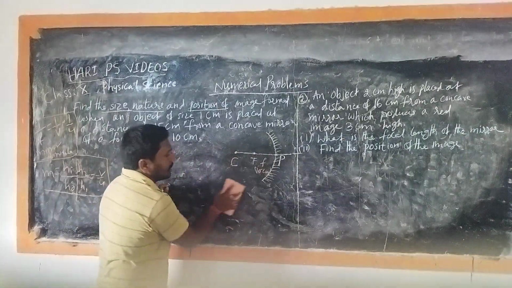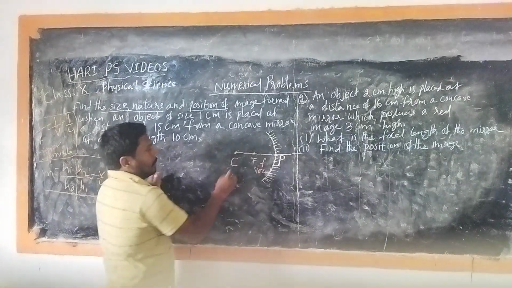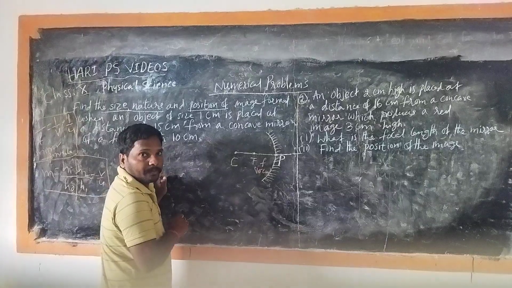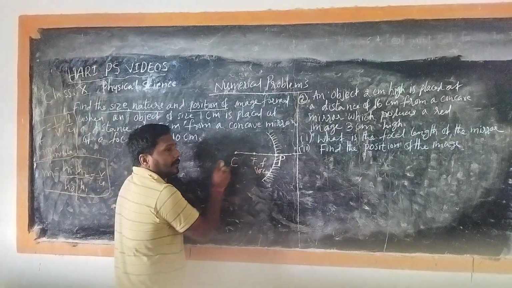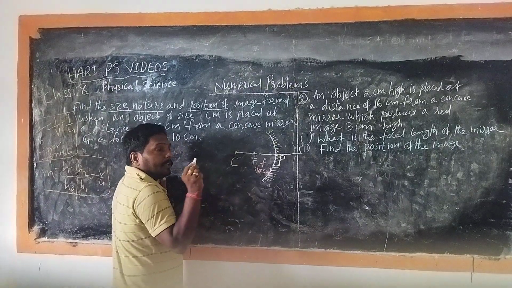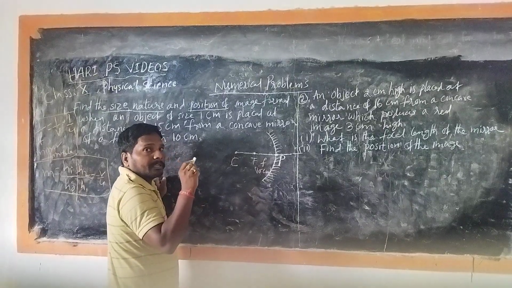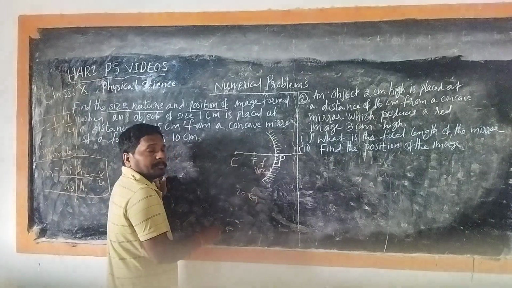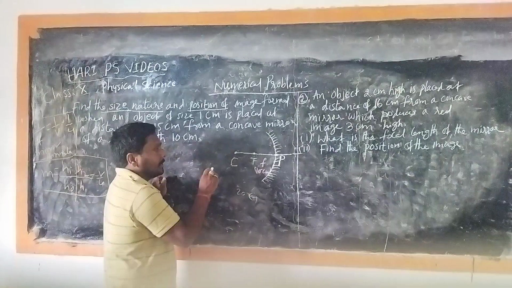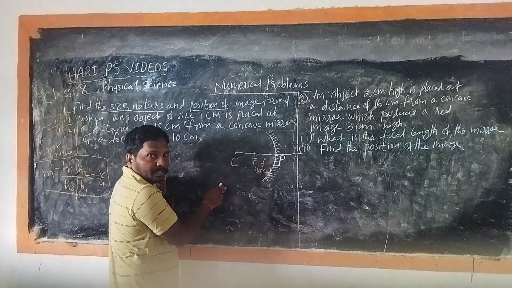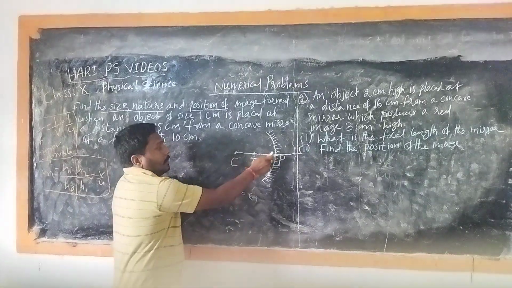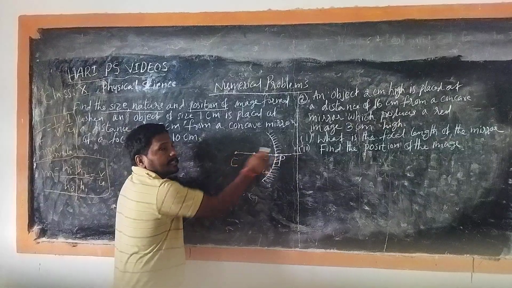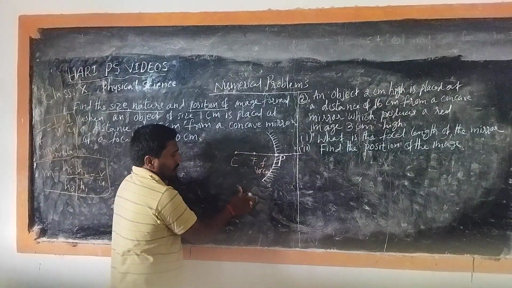So where is the object placed? In between focus and center of curvature. If the object is placed at 20 centimeter, for example, then the object is at the center of curvature, because the distance between pole and center of curvature is called the radius of curvature.